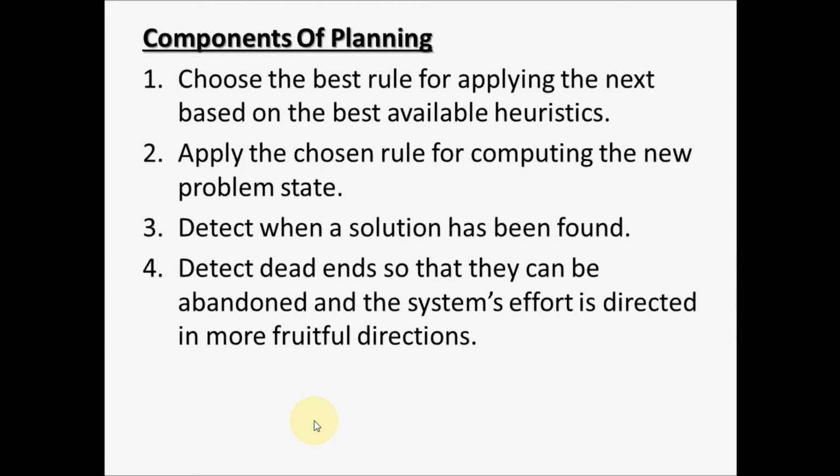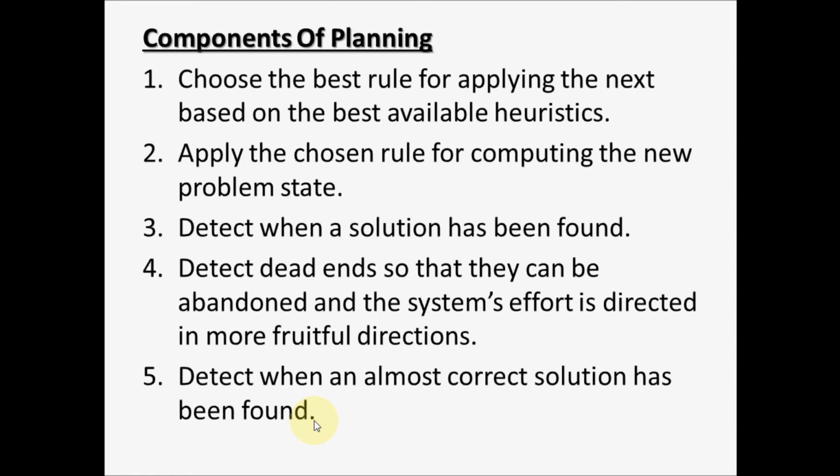So in such cases you have to abandon the search in that particular branch, because you have reached the leaf node, or maybe the heuristic value has crossed the threshold, and you have to backtrack and select a different branch which could be more fruitful. So this is the fourth component of planning.